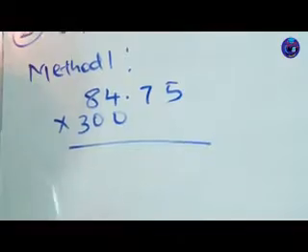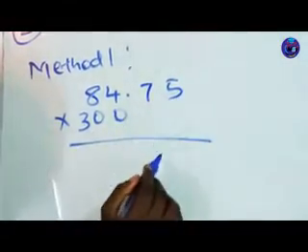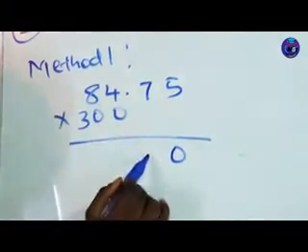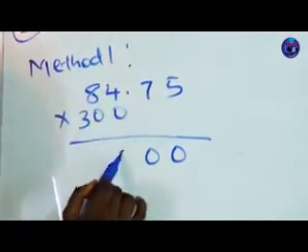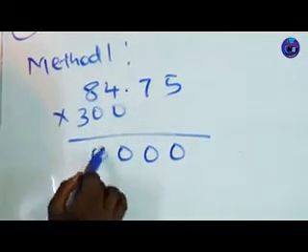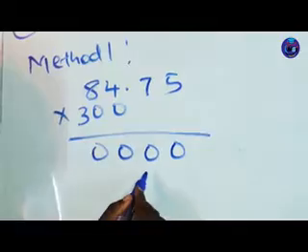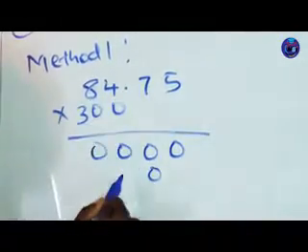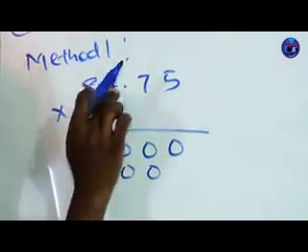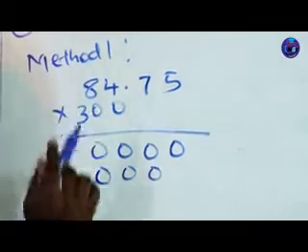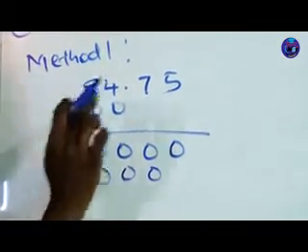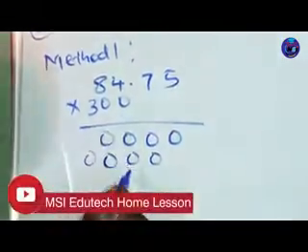0 times 5, 0. 0 times 7, 0. 0 times 4, 0. 0 times 8, 0. Now, 3 times 5, 15.